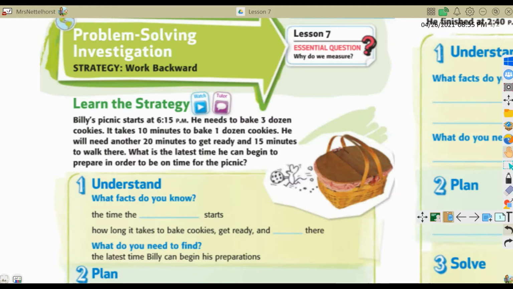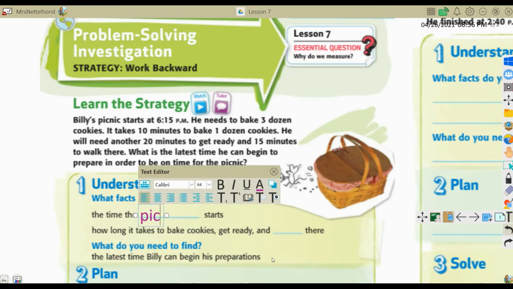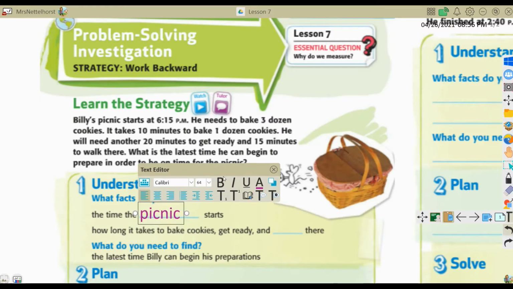So first of all, let's look at the facts that we know. The time the picnic starts, we know that one. So I'm going to type this in here. The time the picnic starts.